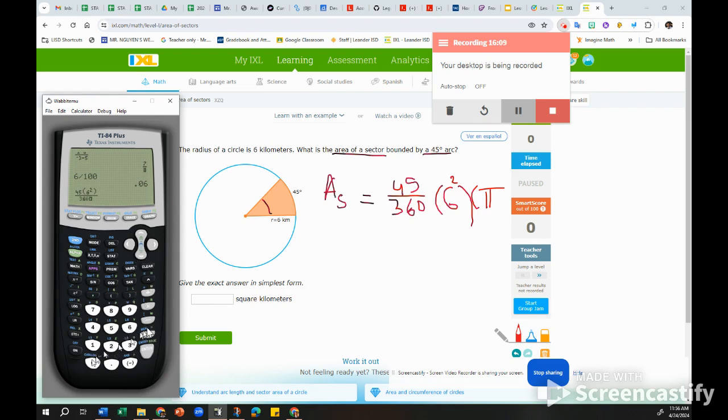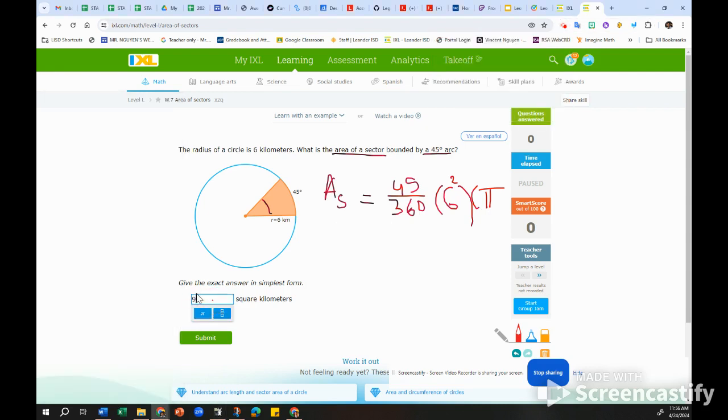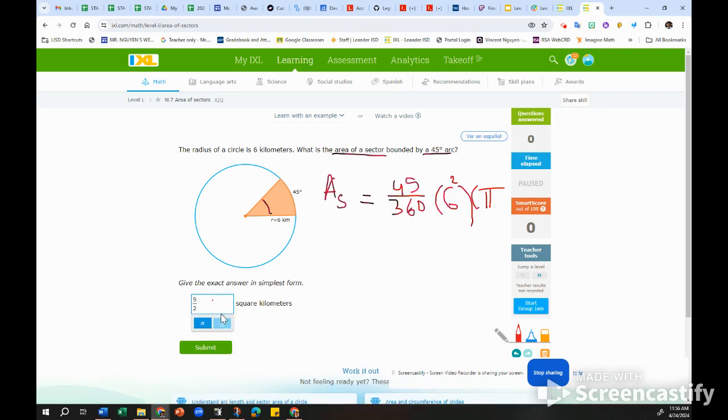This will give us the area of the sector for the 45-degree sector. So the answer is going to be 9/2. And remember to include the pi in our answer, okay? I've got to use the fraction bar that they have here. 9/2, and then move to the end and hit pi.